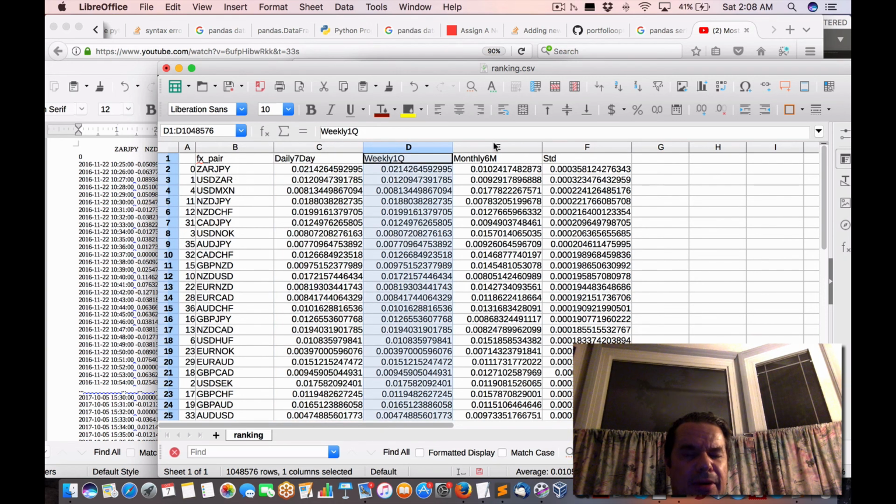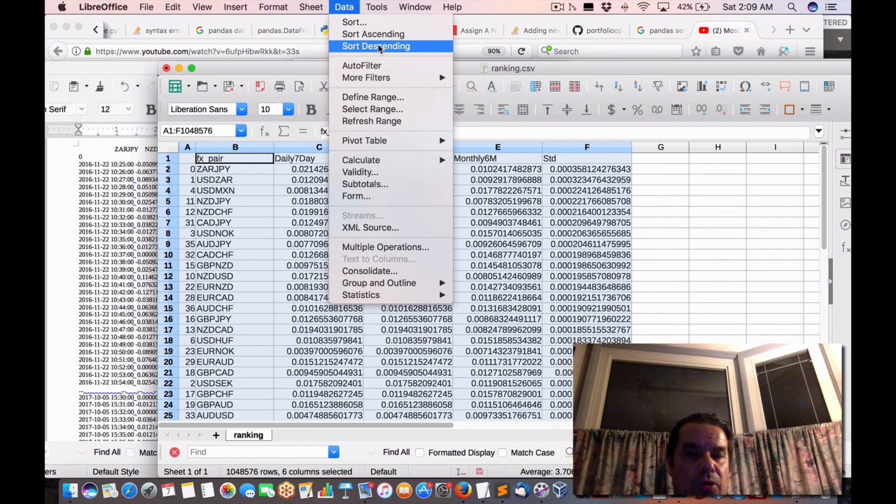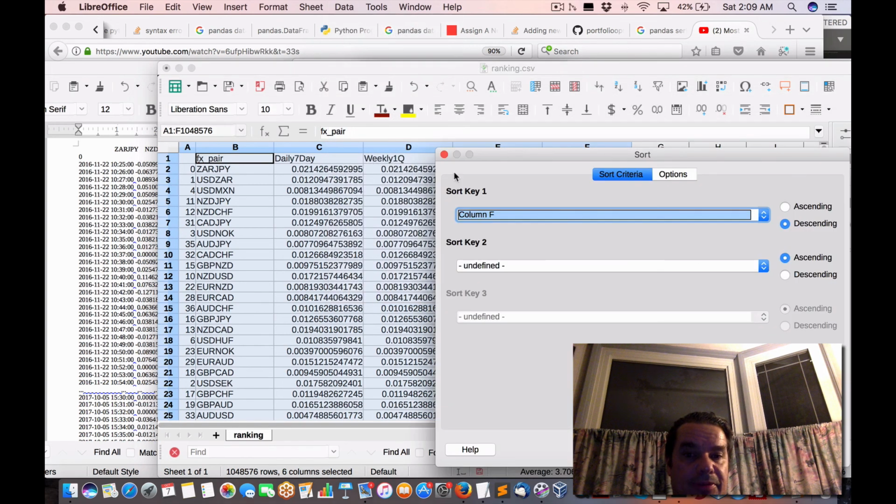I'm not going to care about any of these, but they're just for other long-term strategies if I want. For now, I really want to focus on this time period of what the most volatile are. Let me just make sure we're getting this right. Okay, so we're going to sort in descending order on column C.